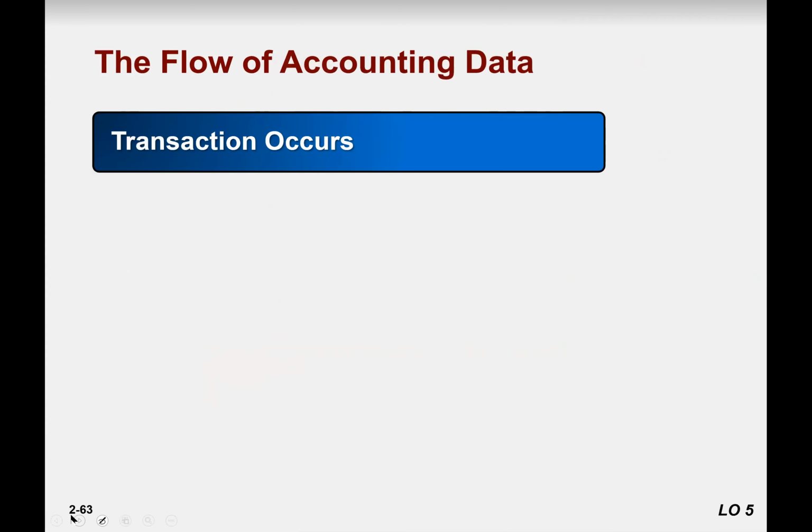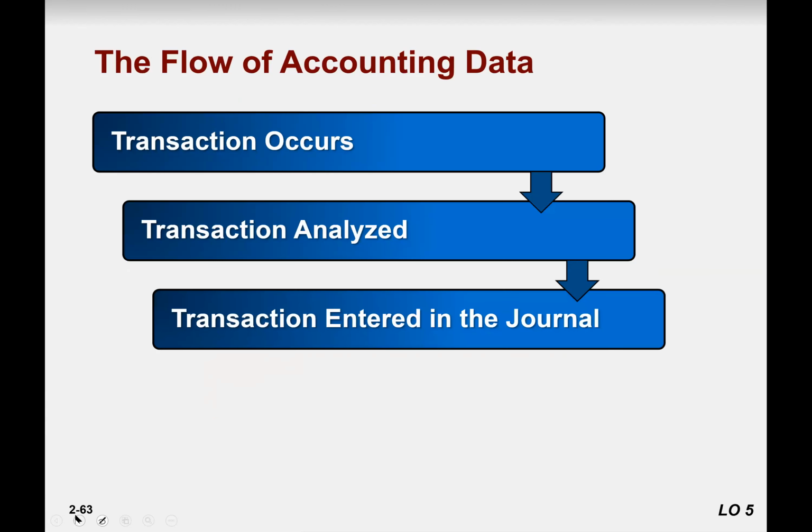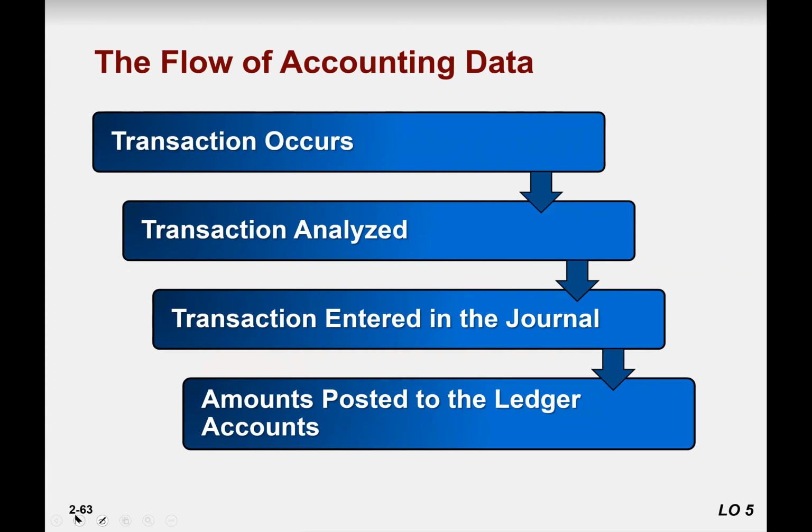So there is a flow here, what we talked about. When a transaction occurs, we analyze it. When we analyze it, we talk about which accounts are going to be hit by this transaction, and then we find out the accounts, then we see increase or decrease, and then we make the journal entry. And after the journal entry, we post it to the T accounts or ledger accounts.